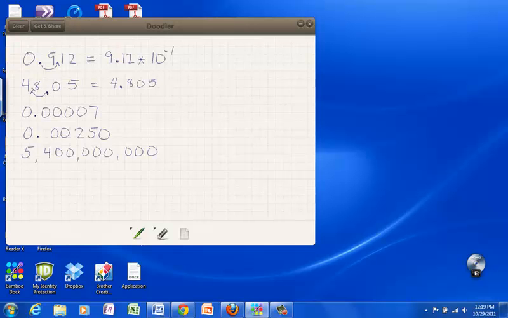Now 48 is a bigger number than 4.8, so to make them equal we have to multiply by 10 to the first power, a positive 1. So small numbers will have a negative power on 10, and large numbers will have a positive power on 10 when we rewrite them.